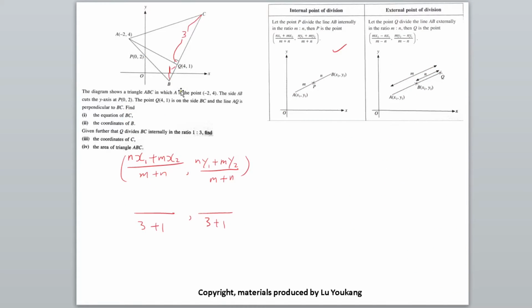Let me refer to the last slide and write down the coordinates of B, which is 3, minus 1. The coordinates of C is what we need to find, therefore I label it x1, y1. Our N here is 3, M is 1. With all these, just plug the numbers into this formula.